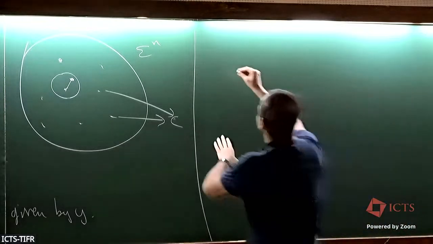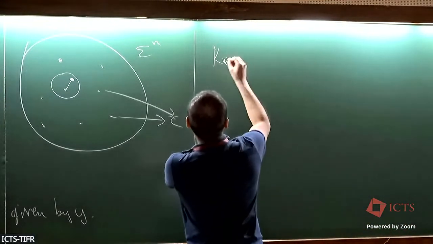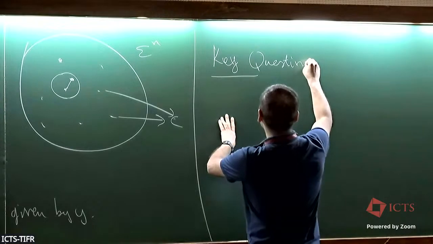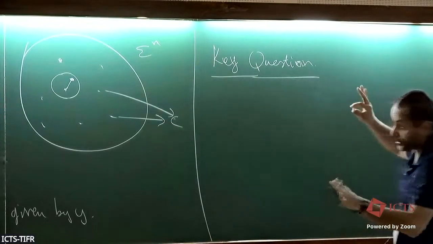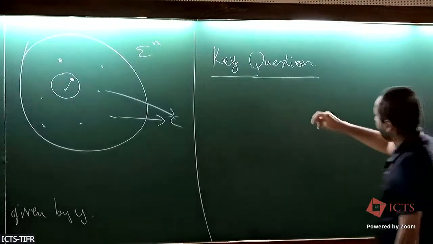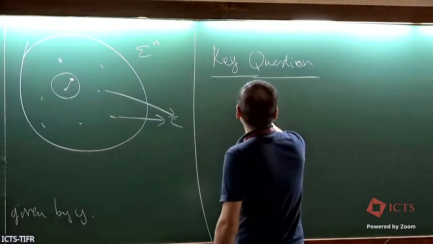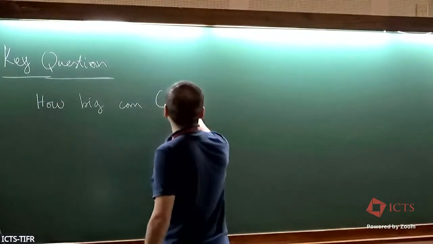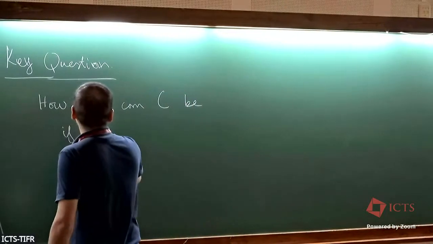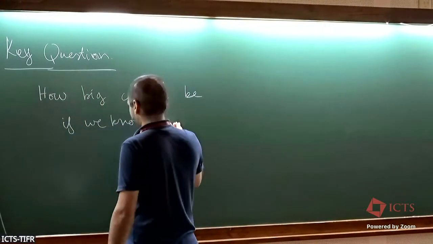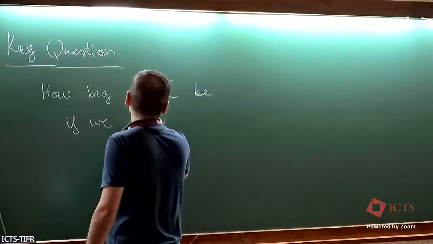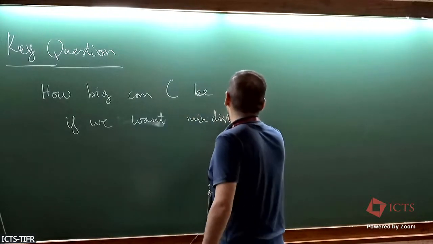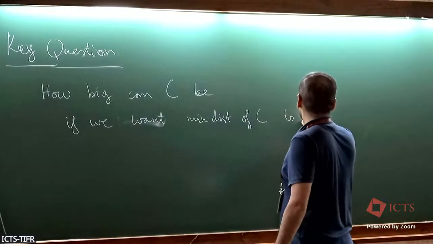So the key question, and this is the most important combinatorial question of error correcting codes, and in many settings we still do not know the answer to this. The key question is how big can C be if we want, let's say, the minimum distance of C to be d.